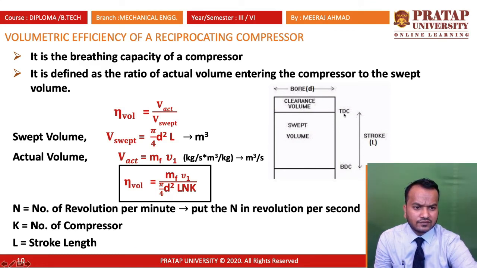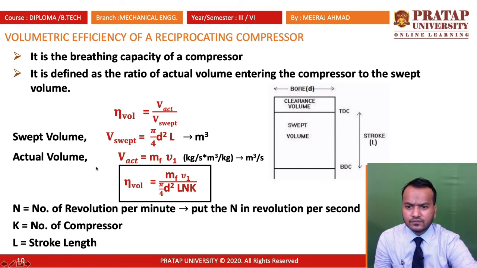The length from TDC to BDC is the stroke length, and this is the bore diameter. You can write the swept volume, as this is a cylindrical shape, as pi by 4 D square into L. This is the swept volume.